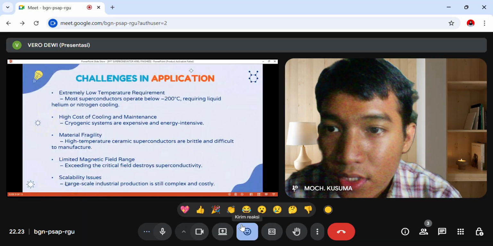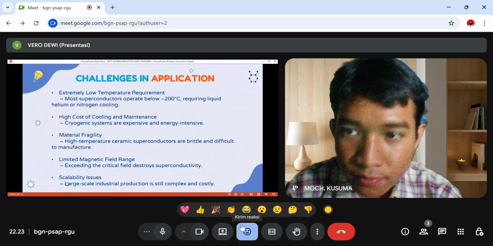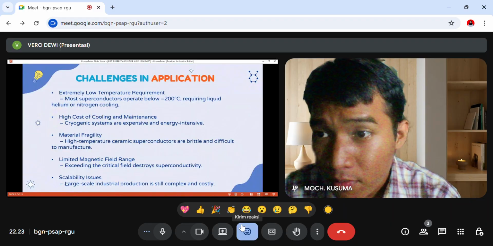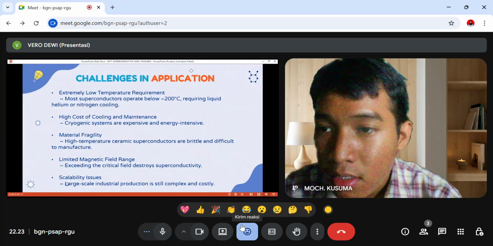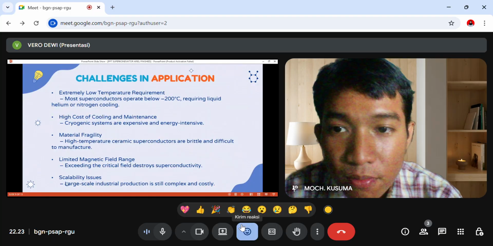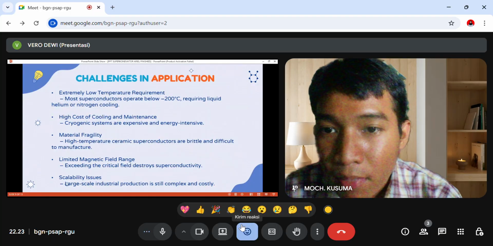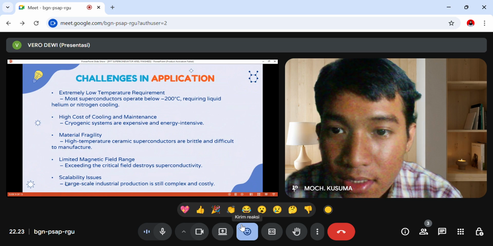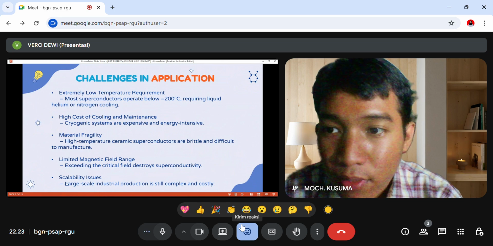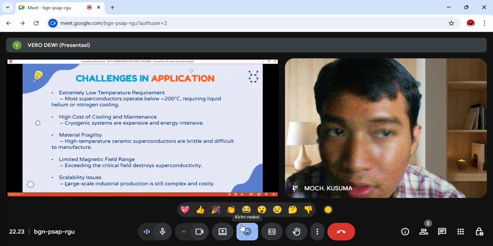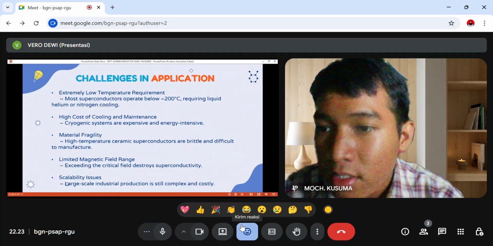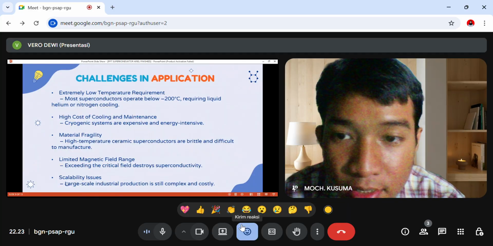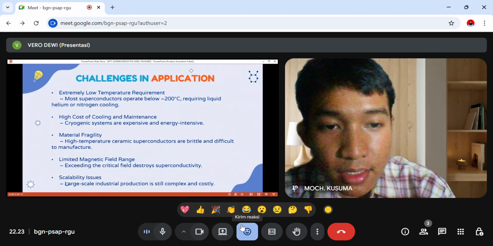Next, we have challenges in application. First, extremely low temperature requirement. Most superconductors operate below -200 degrees Celsius, requiring liquid helium or nitrogen cooling. Second, high cost of cooling and maintenance. Cryogenic systems are expensive and energy intensive.